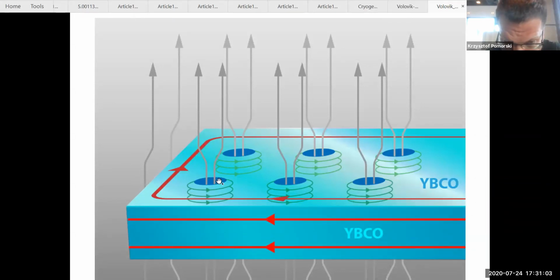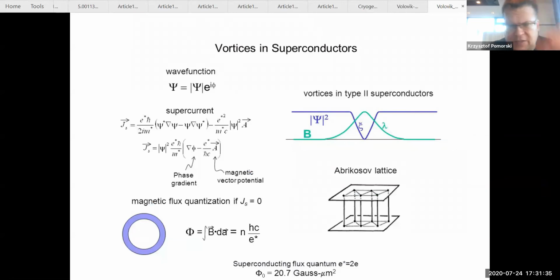You have quantization of magnetic flux in each of these particles, and you can have multiple fluxons in one place, and at the core of this particle the order parameter of superconductivity goes to 0. So essentially I'm describing the existence of Abrikosov vortices.